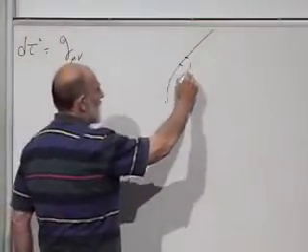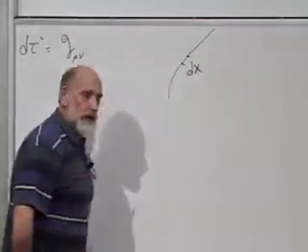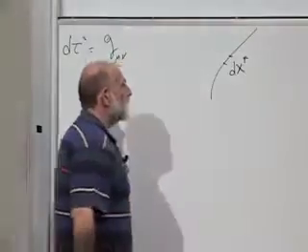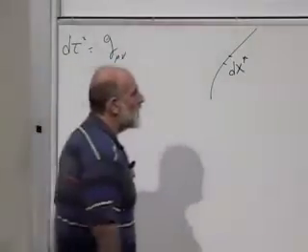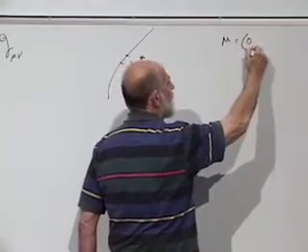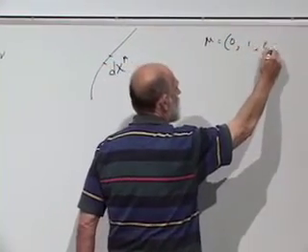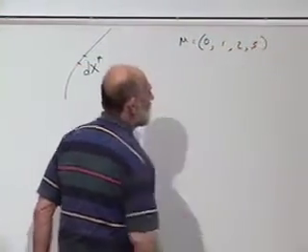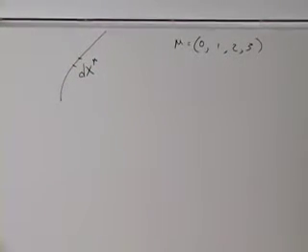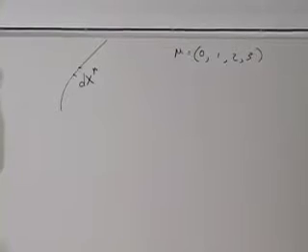It has a set of differential displacements, which are called dx mu. Remember, mu runs from 0, 1, 2, and 3. 1, 2, and 3 represent space. 0 represents time.